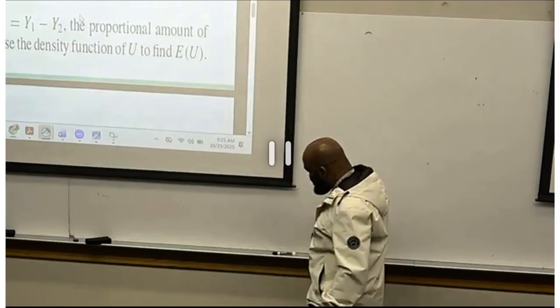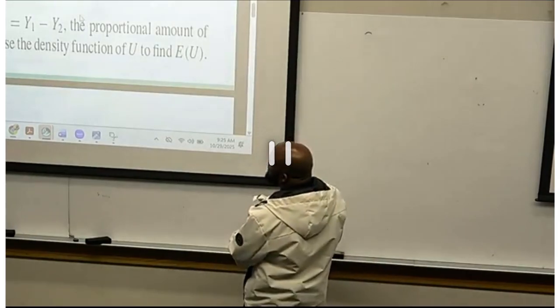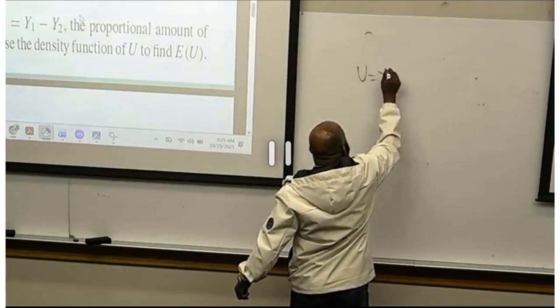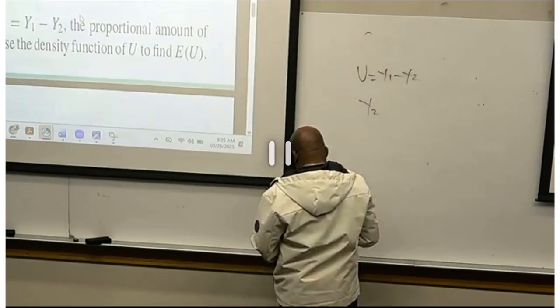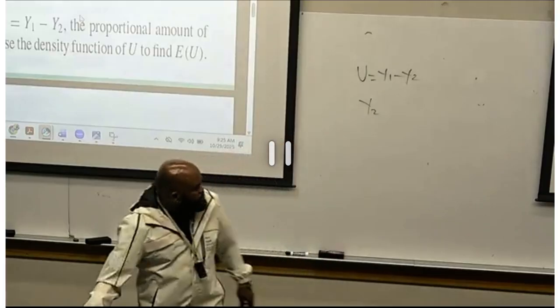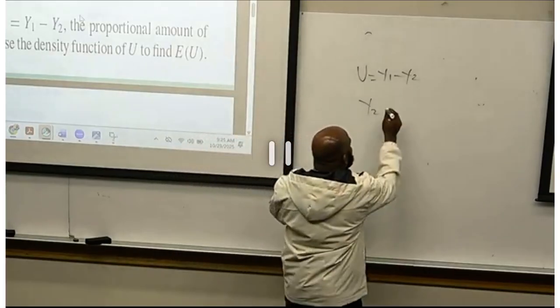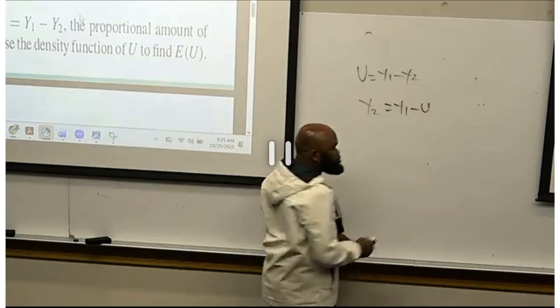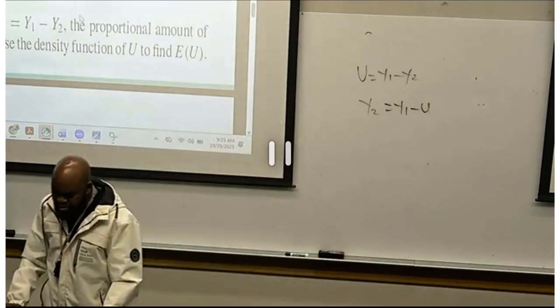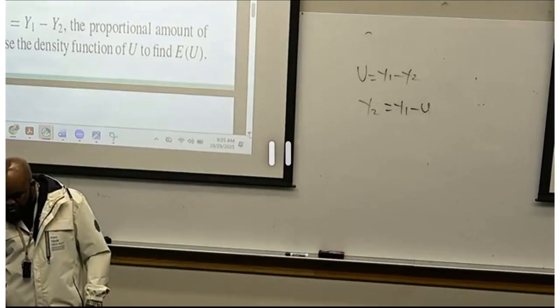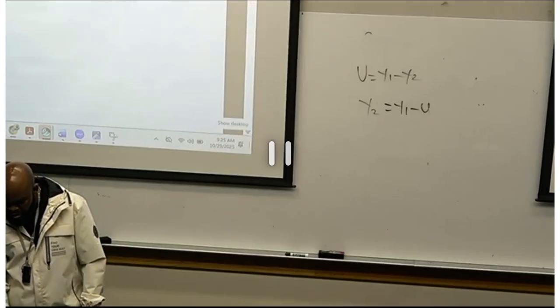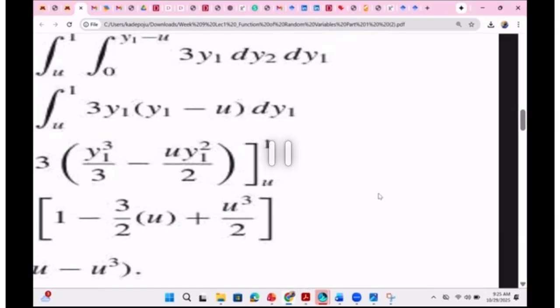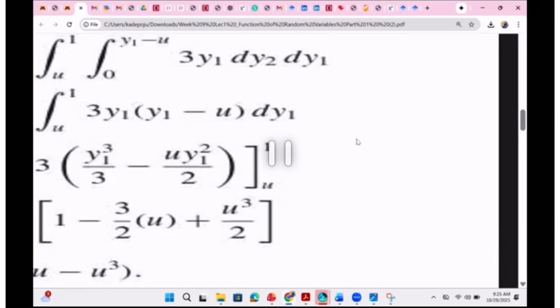I've got u equal to y1 minus y2. So what is y2? Y2 is y1 minus u, right? That's y2. Now, the range of y2 is actually, one second.